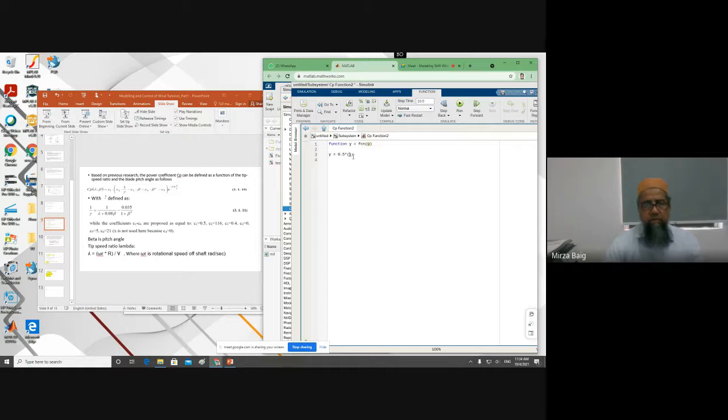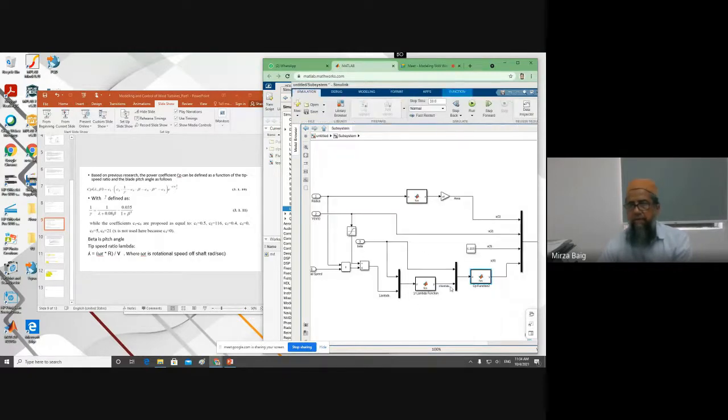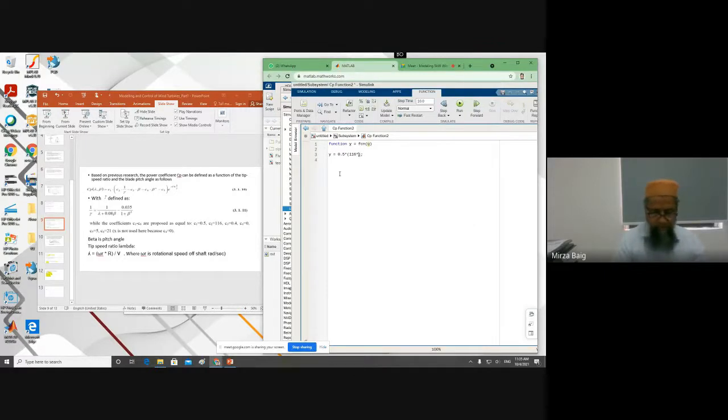C2 is 116 times 1 over lambda. 1 over lambda here is 2, U2 times U2, minus C3. C3 here is 0.4 times beta. Beta is U1.